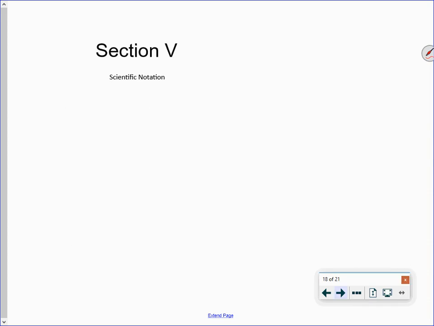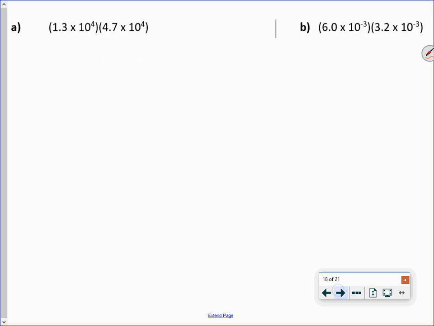The last section on this review is scientific notation. Scientific notation is using the laws of exponents to make multiplying numbers easier. So all we do is, this is not a FOIL because these numbers are multiplication.